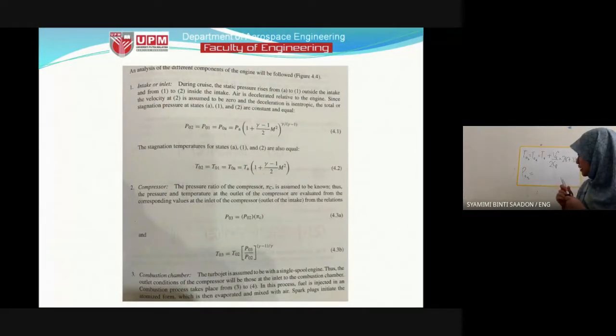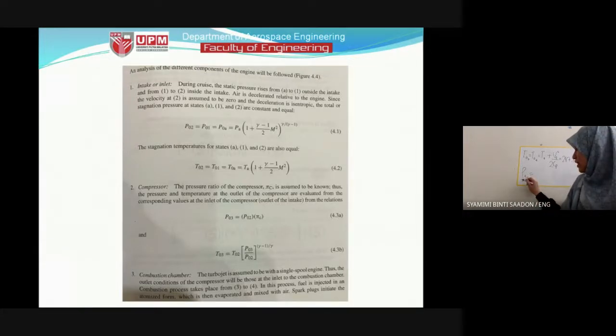So we want P not 2 between point 2 and point A. Since it is the ideal case, we can use the isentropic ideal gas equation. This is the isentropic, perfect gas, ideal gas equation between pressure and temperature. Because we already have the values for temperature and we want to calculate the pressure, we use that definition.